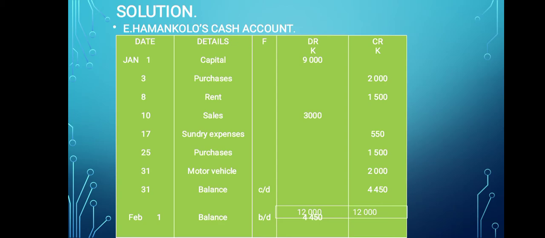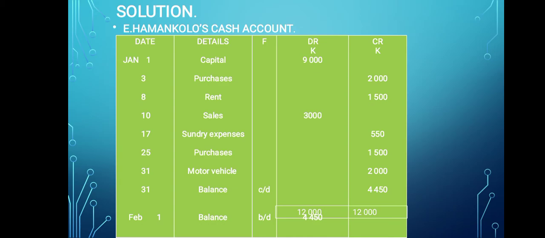Because we are giving out money. Remember, it is a cash account. We are losing out on cash. That is why we are crediting. It's debit the receiver and credit the giver. This is the bookkeeping rule. Keep this. Debit is the receiver, credit is the giver.